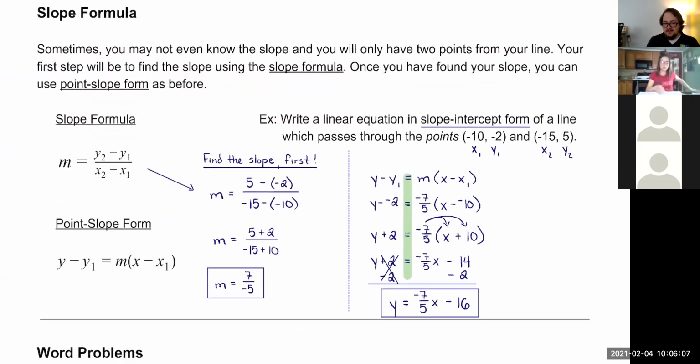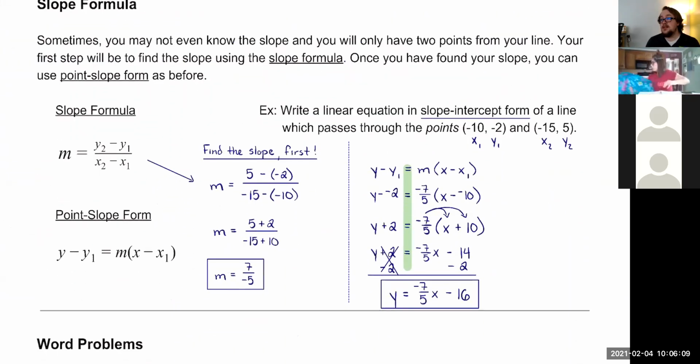If all you have are 2 points, you need to find your slope first, but then run through that same process. Now, good news, if you get really good at point slope form today, on Monday, the process that we use is going to reuse point slope form a lot. So practice it well today. Monday will be a whole lot easier as a result.